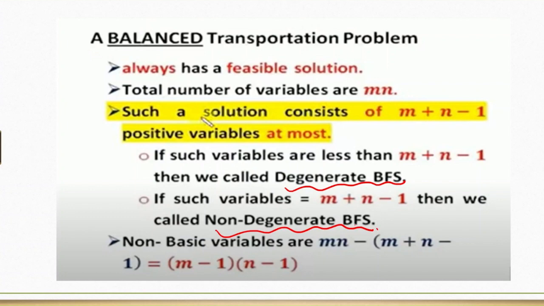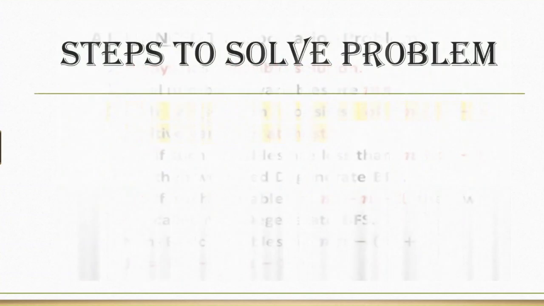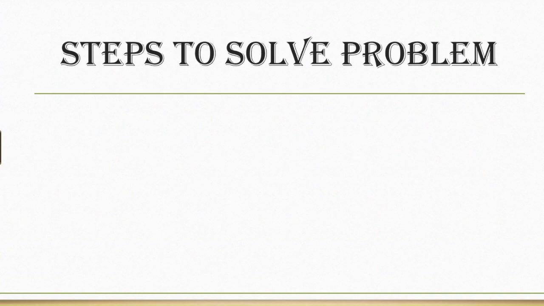If the positive allocations are less than m plus n minus 1, then it becomes a degenerate basic feasible solution. On the contrary, when it is equal to m plus n minus 1, we have a non-degenerate basic feasible solution.